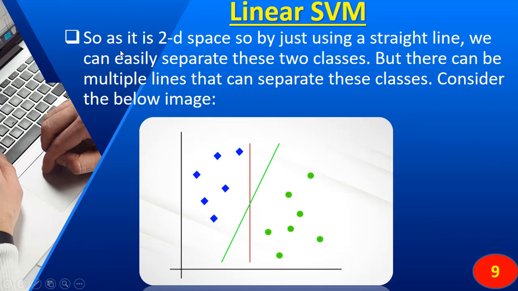As it is two-dimensional space, we can easily separate those two classes using a straight line, like this image.